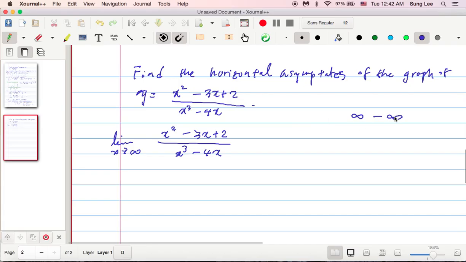And then you might say, oh, this is equal to 0. You get the same thing down here also, infinity minus infinity. But it is not 0. Why? Because infinity is not a number.